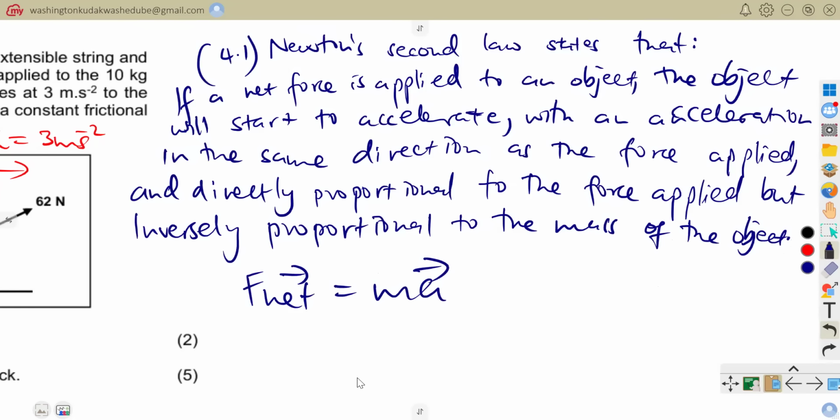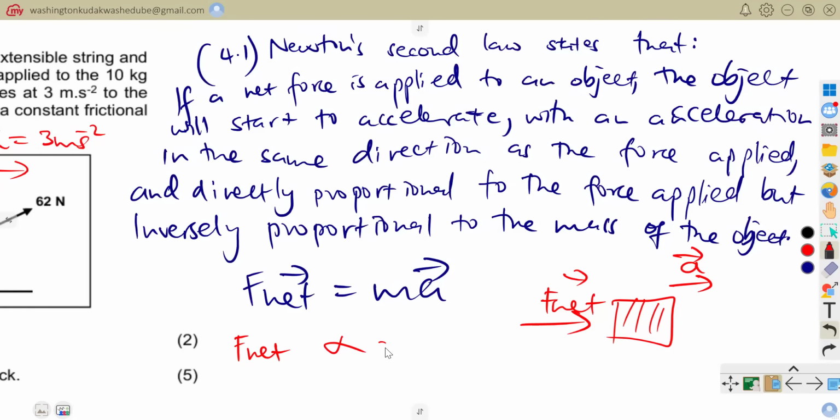And this is the law as a formula. Whenever you apply a net force on an object, the object will start to accelerate, and the acceleration will be in the same direction as the net force.